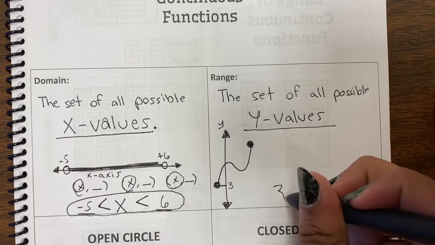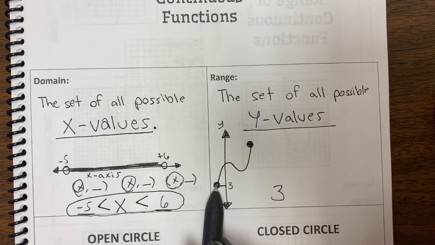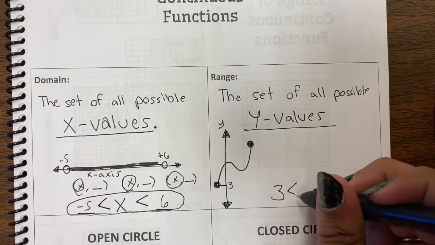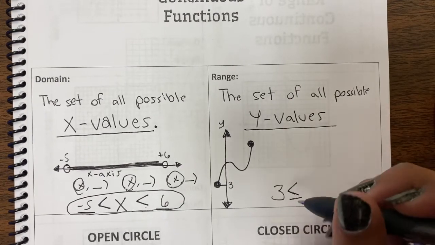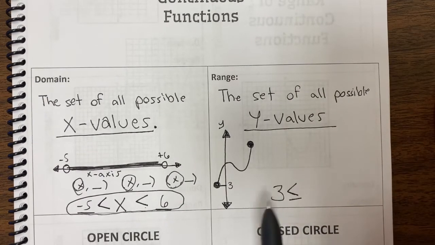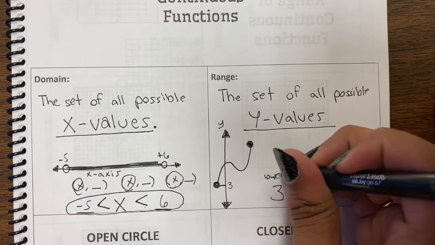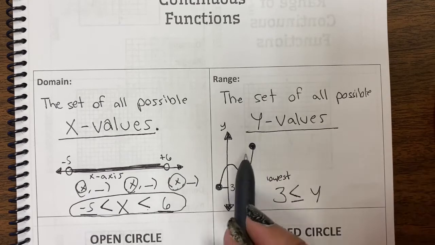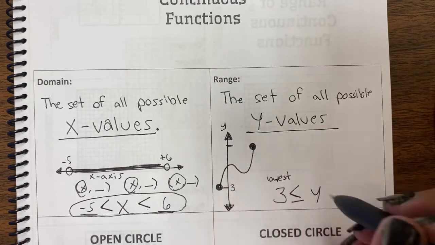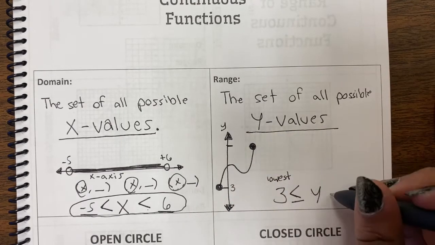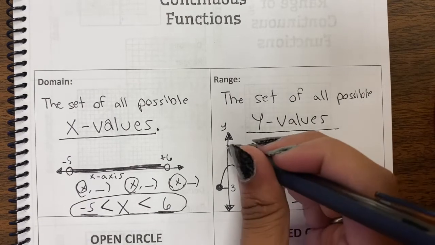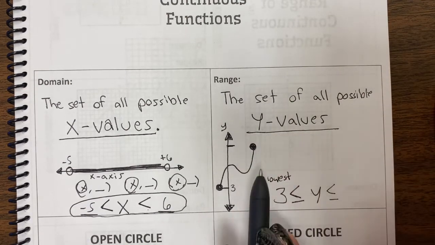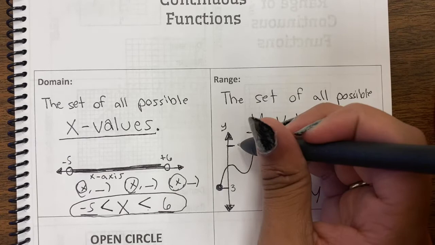3 would be the lowest point, and it's a closed circle. So remember, we use this symbol. So the lowest point, and then our y in the middle, and then I see it's another closed circle at the highest point, and let's say that's 7.